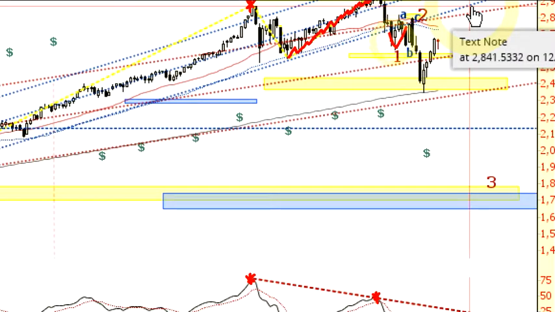We've talked about pivots before, and that's why I drew it. Also, this low, this pivot over here, was in conjunction with that area, so that's why I drew it there. But obviously that doesn't mean anything. If the market decides to go through that, the market can go through that.